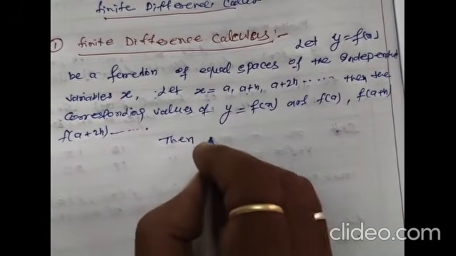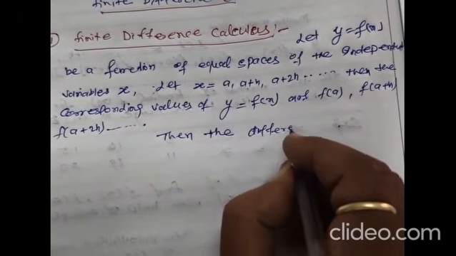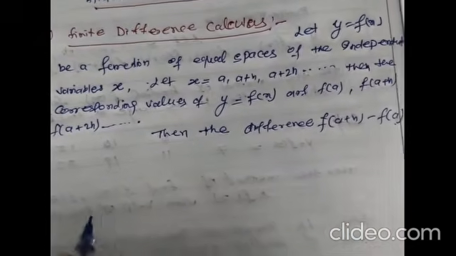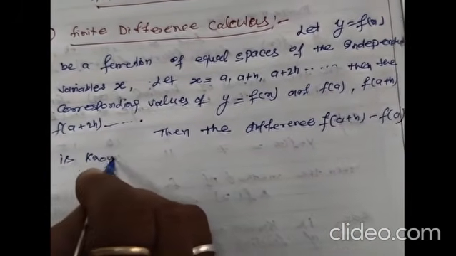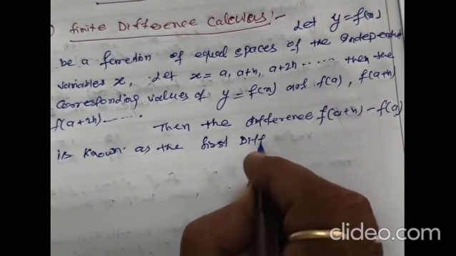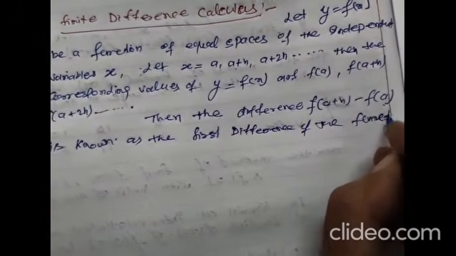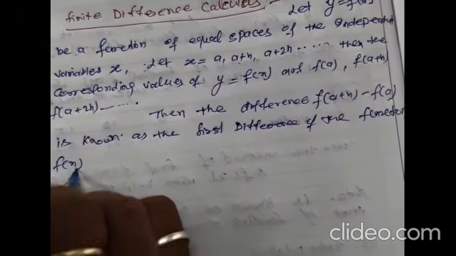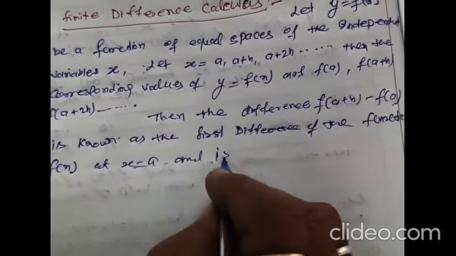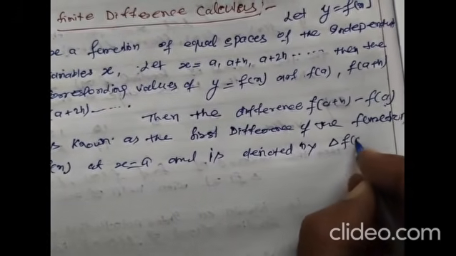Then the difference f(a plus h) minus f(a) is known as the first differentiation of the function f(x) at x is equal to a, and is denoted by del f(a).